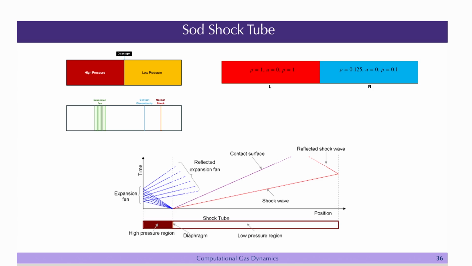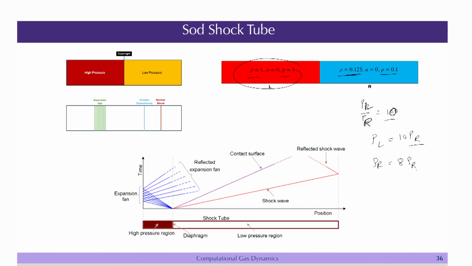So, what Sod did was give the condition, for example, rho equal to 1, p equal to 1 on the left hand side, and you can see that on the right hand side p equal to 0.1. So, if you take the ratio of P L by P r, that is 10. So, the pressure on the left side is 10 times the pressure on the right hand side, and similarly the density is 8 times the density on the right hand side.